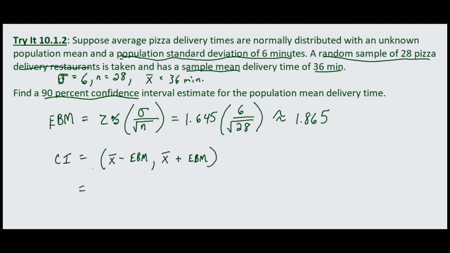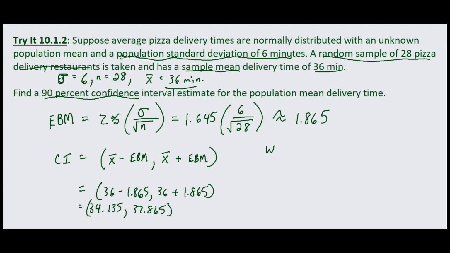So that equals 36 minus 1.865 and 36 plus 1.865, which gives us 34.135 to 37.865. And what this means is that we can say we are 90% confident.